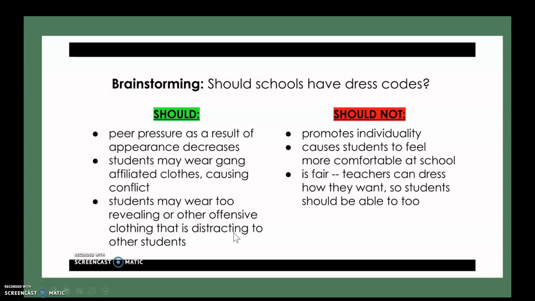And then some reasons that schools should not have dress codes. Dressing individually promotes individuality. This is actually, I'm not sure what it means here. It causes students to feel more comfortable at school. Teachers can dress how they want, so students should be able to as well.